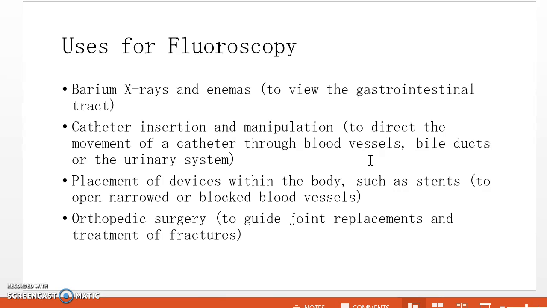And then there is placement of devices within the body, such as stents, to open narrow or blocked blood vessels, and orthopedic surgery to guide joint replacement and treatment of fractures. I currently am doing clinicals at TCO, and I've heard something along the lines of that being done there.